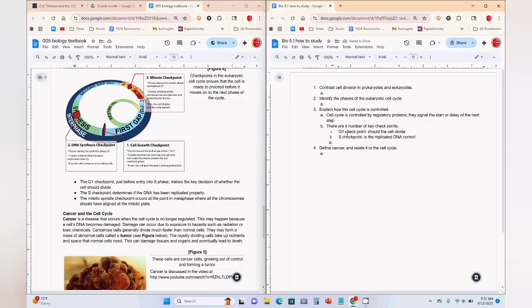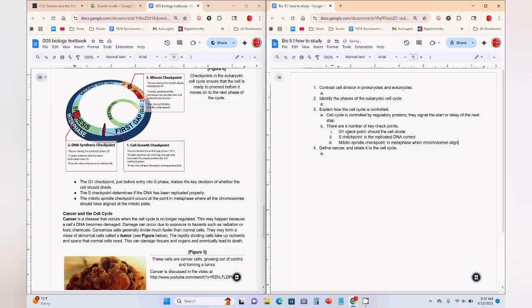Because if I can put it in my own words, I understand it. At least in the literal verbiage, I understand. And then lastly, we have the mitotic spindle checkpoint. It occurs at the point in metaphase where all the chromosomes should have aligned at the mitotic plate. So, in metaphase, when chromosomes align.